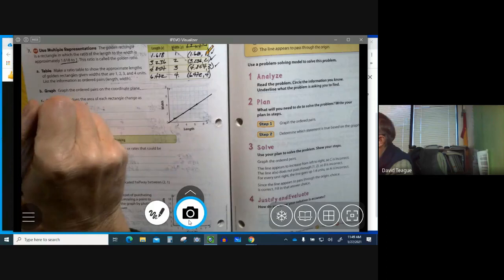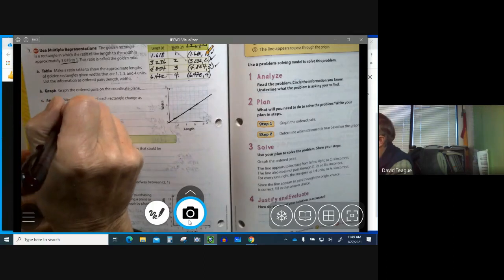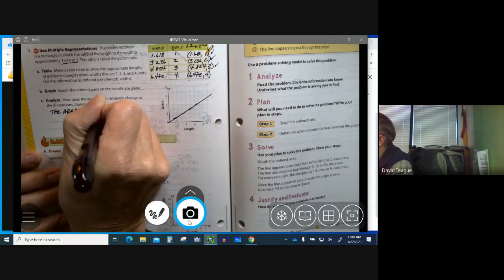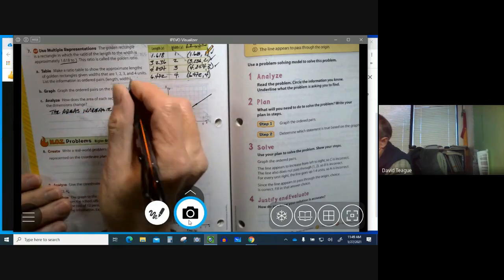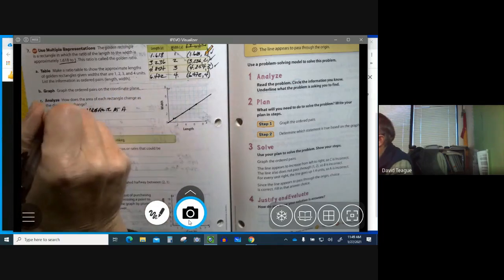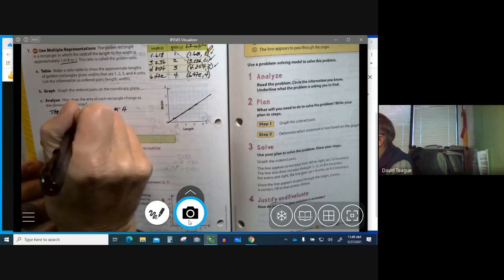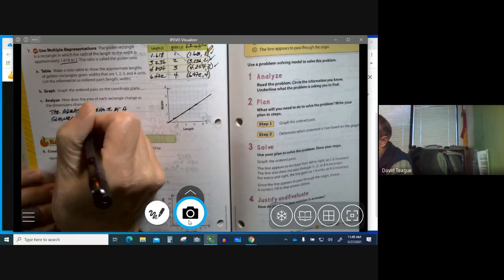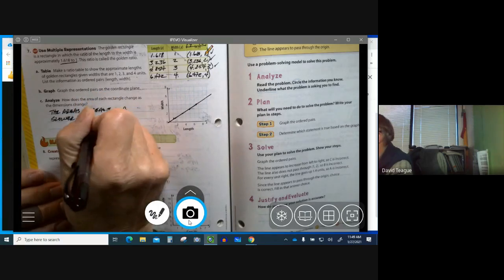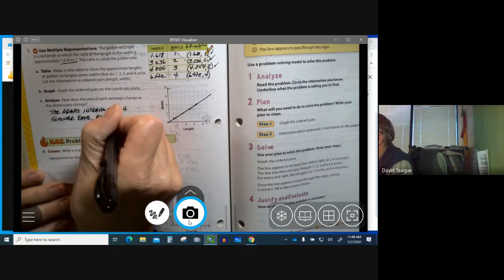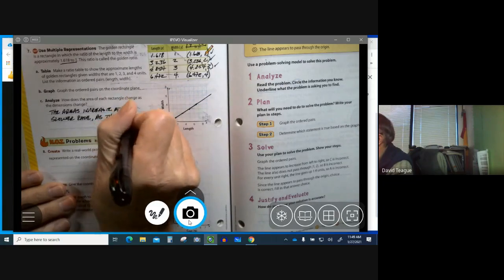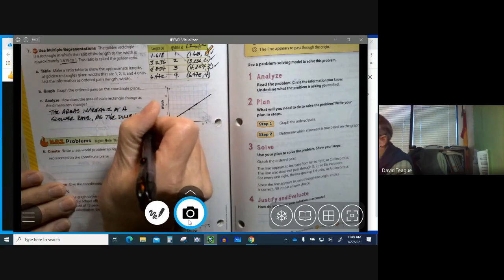The areas increase at a slower rate as the dimensions, or their length and width, increase.